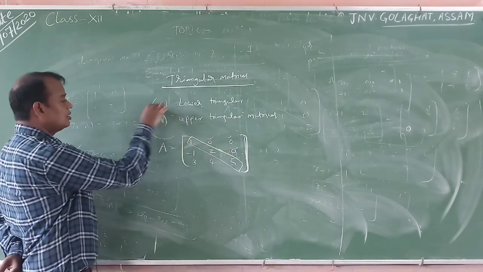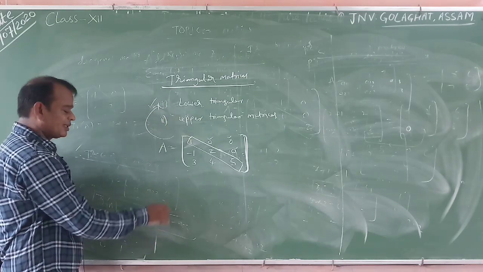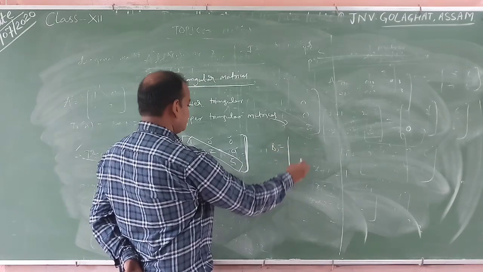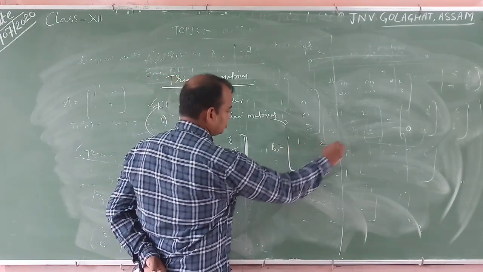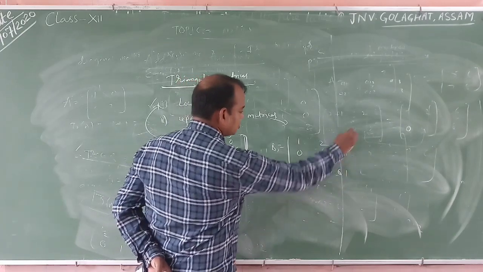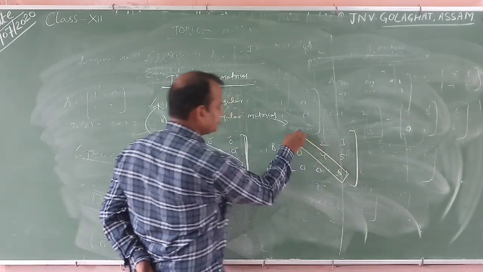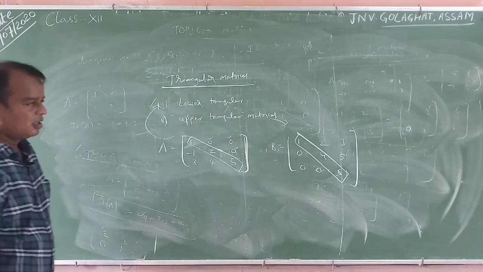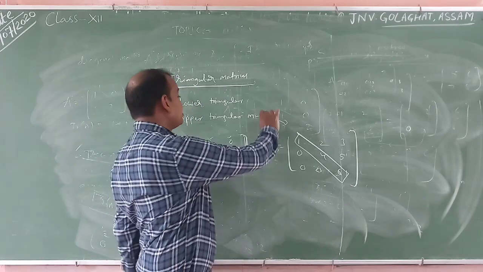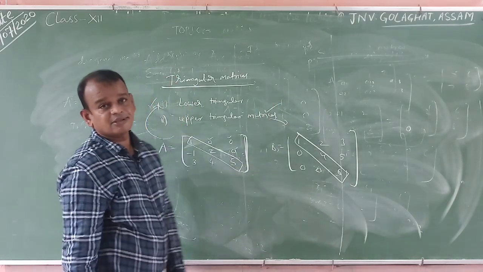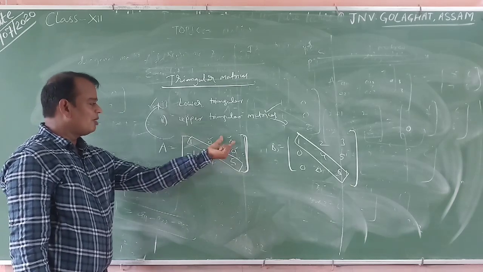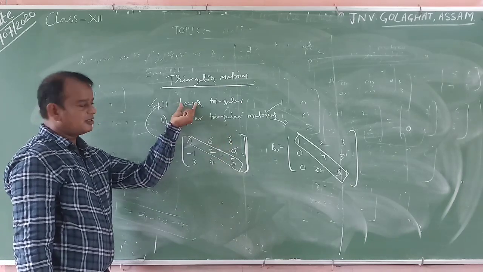Then the matrix is called a lower triangular matrix. What is the definition of the upper triangular matrix? We can take another example. This is the principal diagonal. The elements below the principal diagonal must be equal to 0, then the matrix is called an upper triangular matrix.